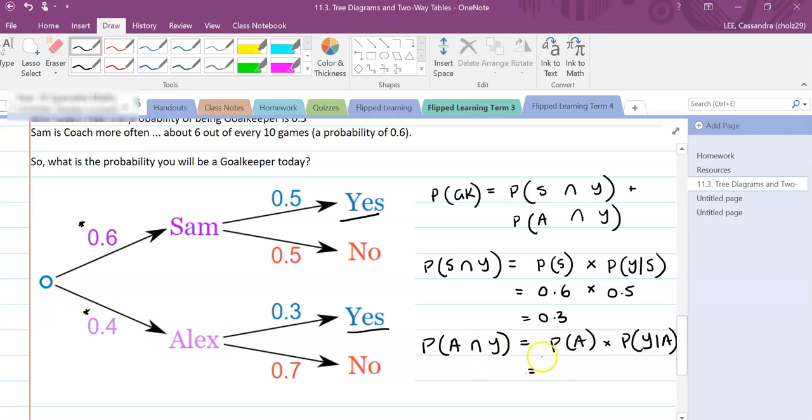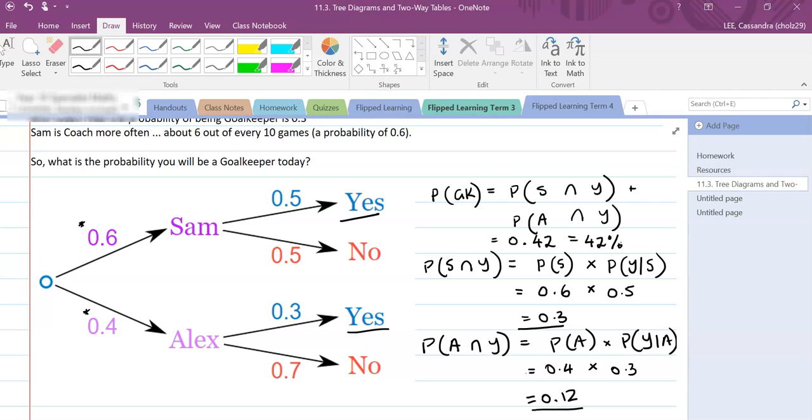So 0.4 chance of getting Alex multiplied by 0.3 chance of getting yes is 0.12. So if we have a 0.3 chance with Sam and a 0.12 chance with Alex, adding those together, this is going to give us a total of 0.42, or a 42% chance that you're going to play the goalkeeper today. Honestly, I don't think that's too bad.